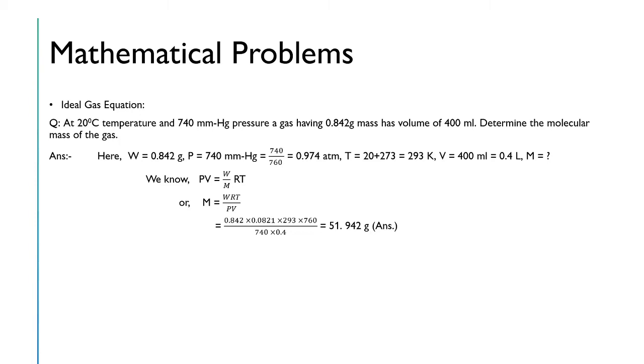That is, one is SI unit, one is liter atmosphere, and another one is CGS unit. So in these three units, the value of molar gas constant, that is R, is different.